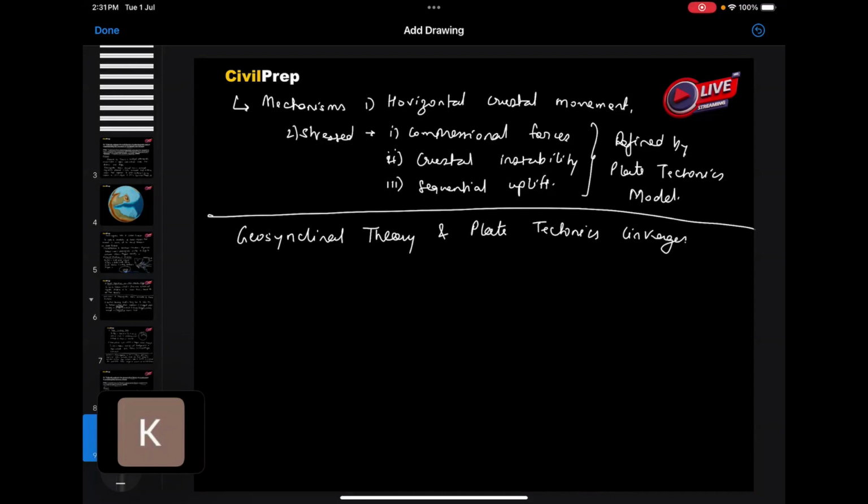The first aspect explained by the geosynclinal theory is orogenesis. Under orogenesis, the geosynclinal theory highlighted the linear belts of sedimentation along with deformation, which closely mirrors the modern concept of convergent plate boundaries.